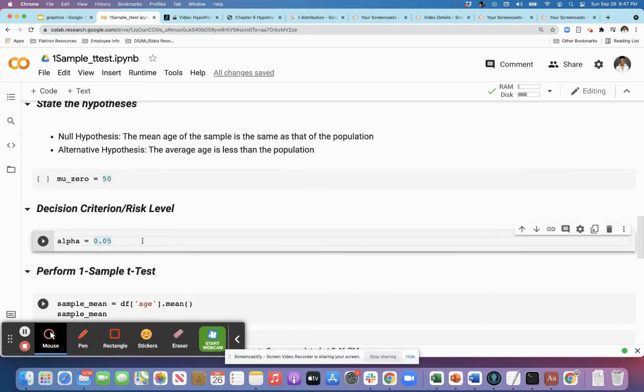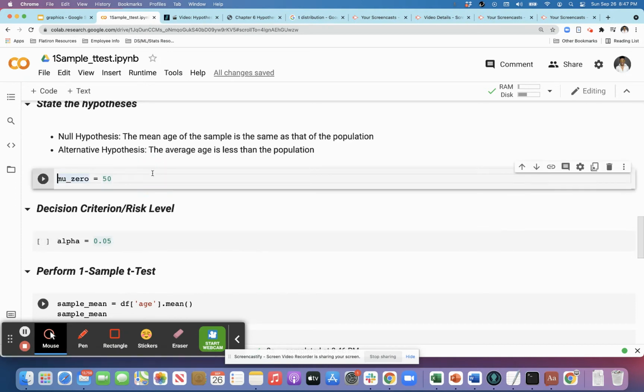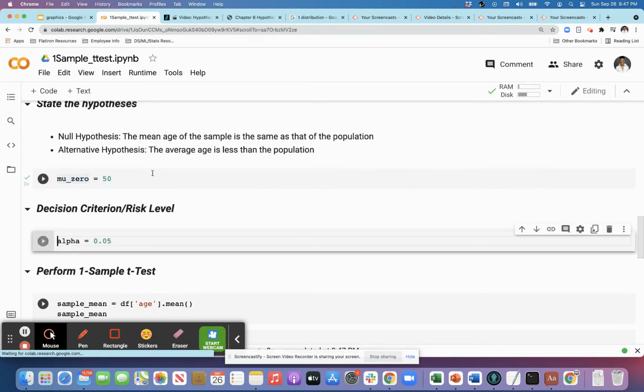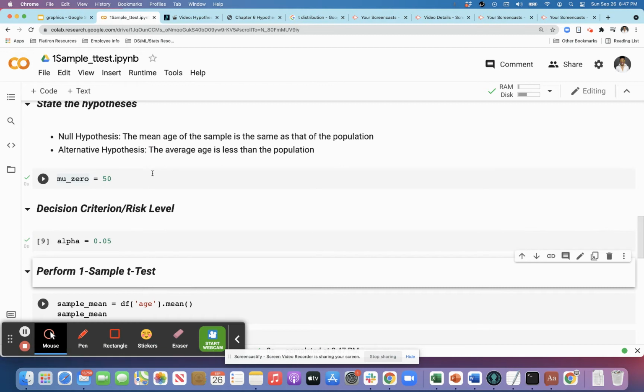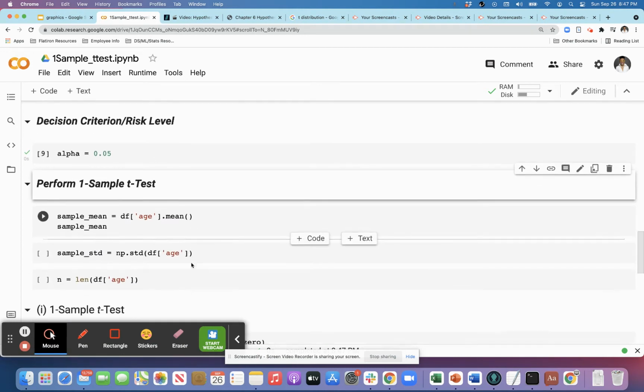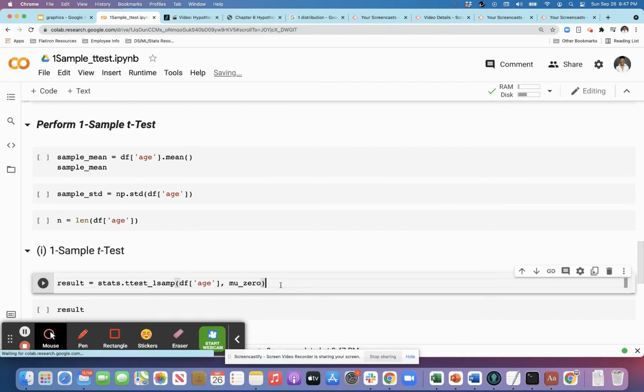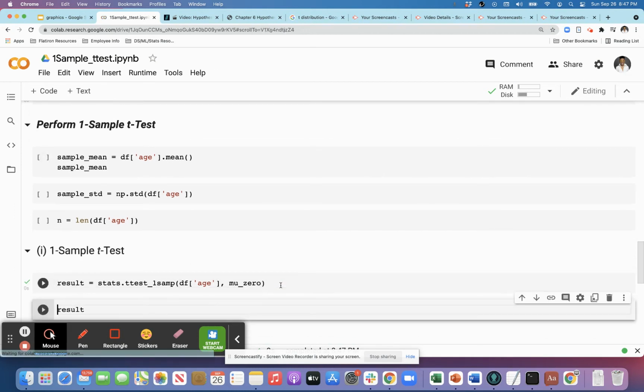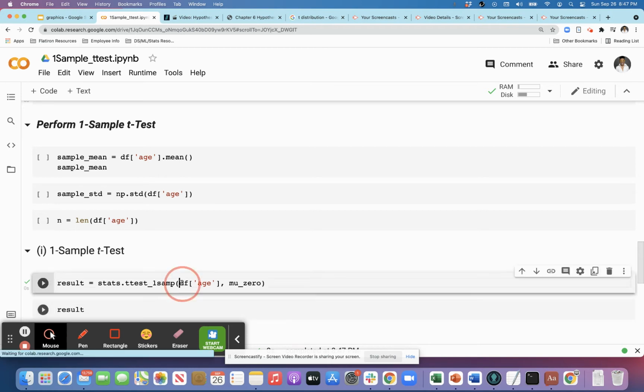Now we set our alpha, let's make sure we run that, and now we have our alpha. Now we can actually perform our one sample t-test. We can put the whole series into this and get the results of the one sample t-test.